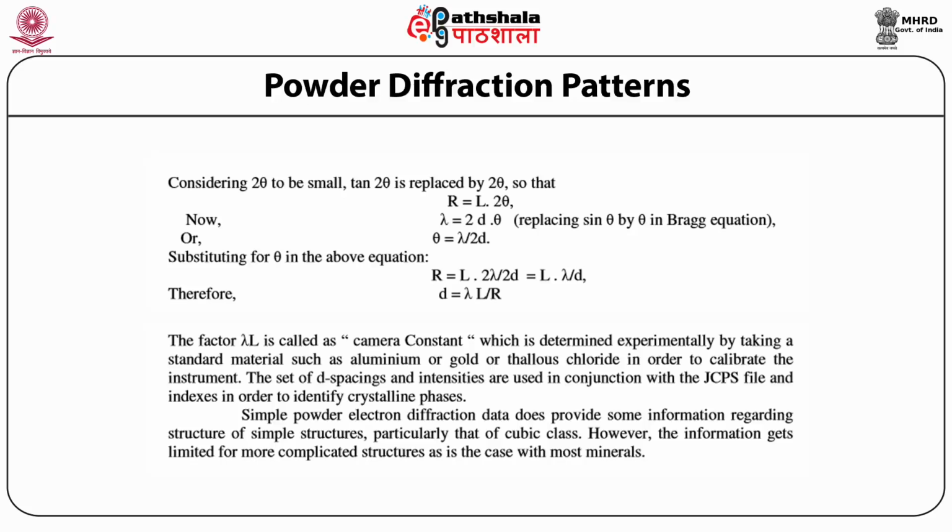Simple powder electron diffraction data does provide some information regarding structure of simple structures, particularly that of cubic class. However, the information gets limited for more complicated structures, as is the case with most minerals.